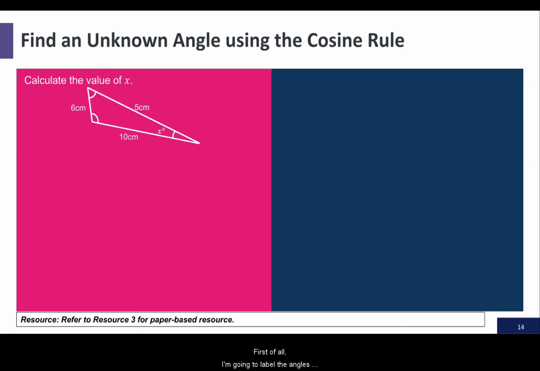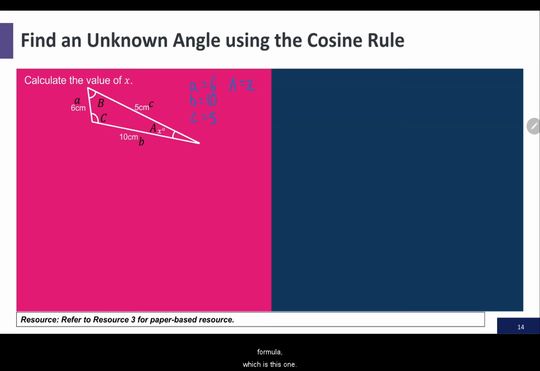First of all, I'm going to label the angle first, capital A. Opposite will be lowercase a, and as before, B and C do not matter which order they are chosen. So lowercase a is equal to 6, lowercase b is equal to 10, lowercase c is equal to 5, and capital A is equal to x.